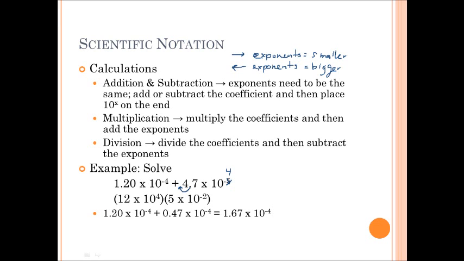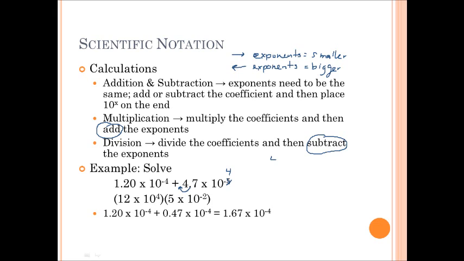Multiplication, we don't have to worry about the exponents being the same. All we do is multiply the coefficients, and then we add the exponents. Division is the same. You divide the coefficients, and then you subtract the exponents. So for multiplication, you're going to add the exponents, and for division, you subtract the exponents. And the main thing to keep track of when you're subtracting them is to make sure that you take into account that two negatives, like a minus a negative, is a positive.